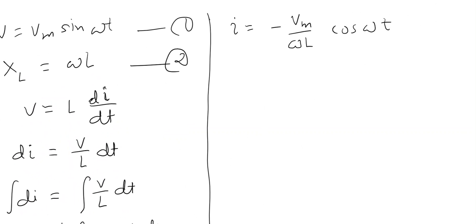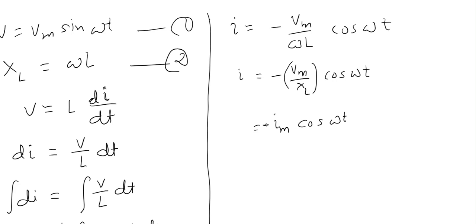So if I make use of the second equation, XL is equal to omega L, I can write this as I is equal to minus Vm by XL cos omega t. Again, as Vm and XL both are constant, you can replace them by a single constant, let it be Im, cos omega t with negative sign.